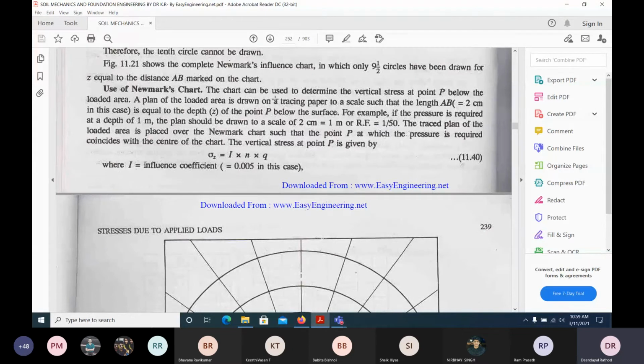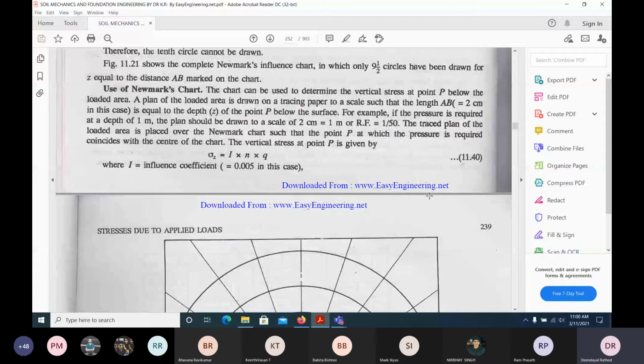A plan of the loaded area is drawn on tracing paper to a scale such that the length AB, 2 centimeters in this case, is equal to the depth z of point P below the surface.